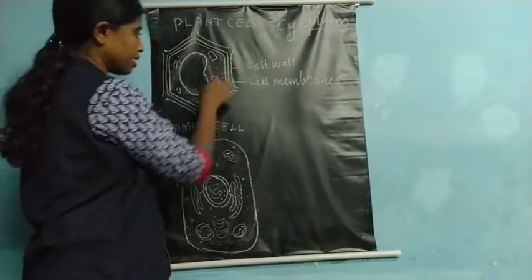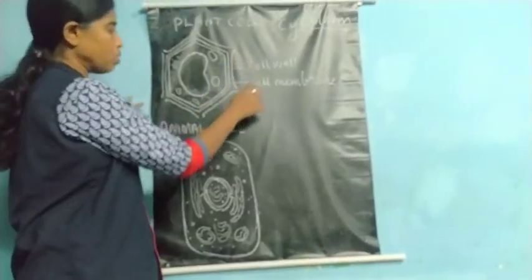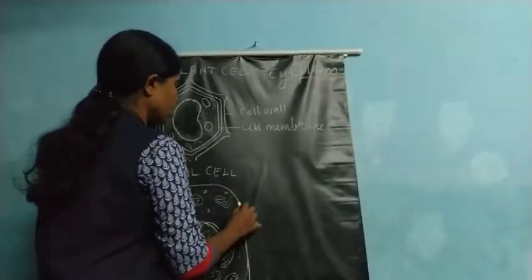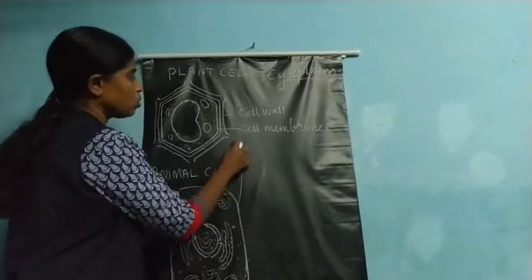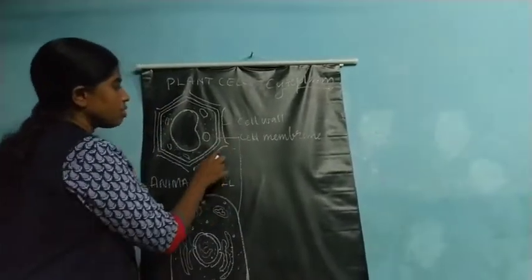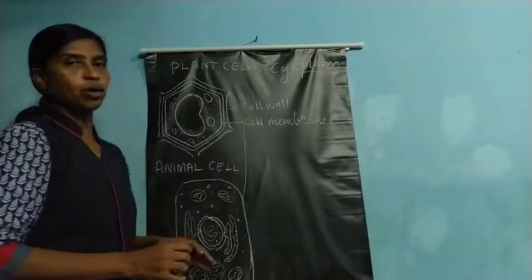Cell membrane is inside, right? Inner membrane is cell membrane, which is common for animals also. Both the animal and plant cells have a cell membrane. These two we studied already.